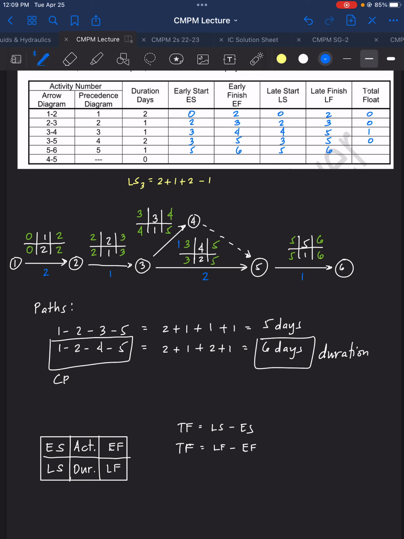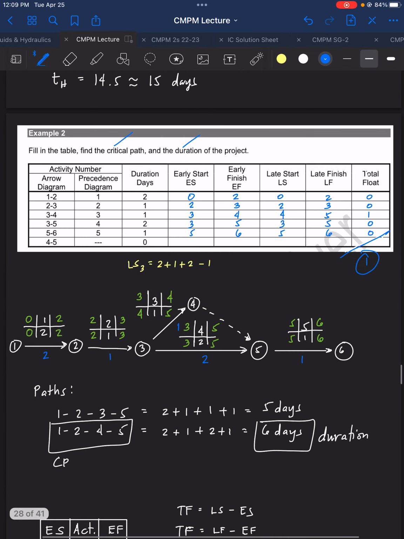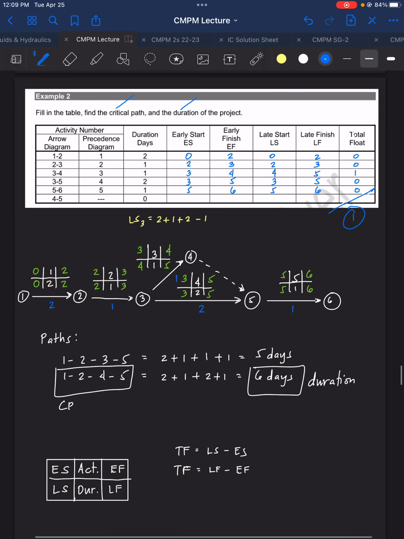Activity 5, we have 6 minus 6 and 5 minus 5, 0. Therefore, our total float is 1. Okay, so total float is 1, if it is asking for the total float. So that's example number 2.